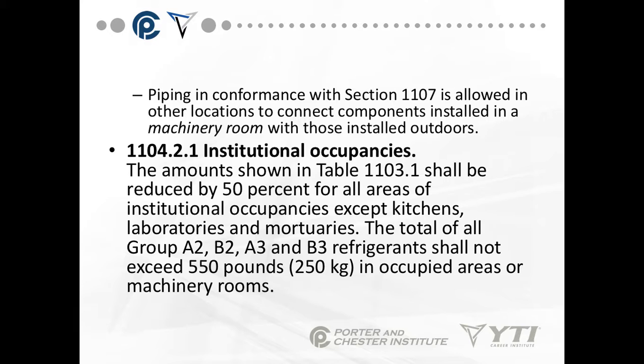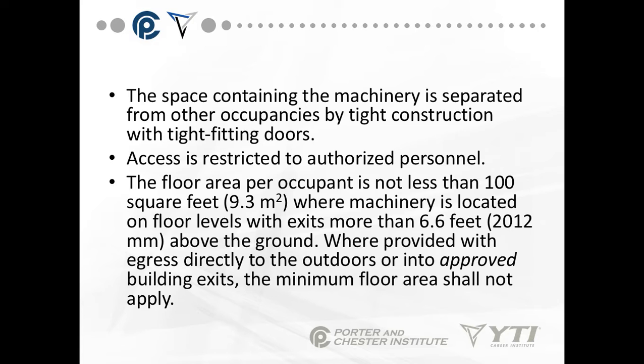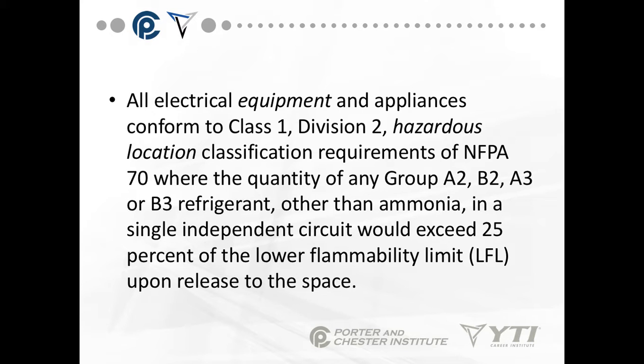It will be reduced by 50% for all areas of institutional occupancy except kitchens, laboratories, and mortuaries. In other words, because institutional occupants cannot get out as fast, it's reduced. Then we continue to go through where the floor areas are and what's allowed in institutional occupancies.